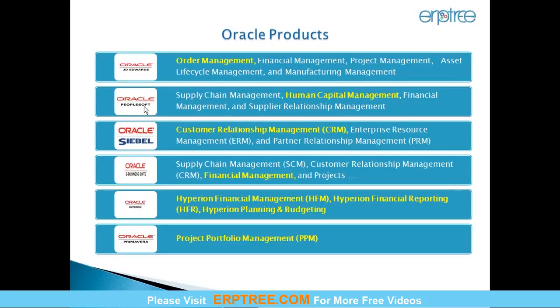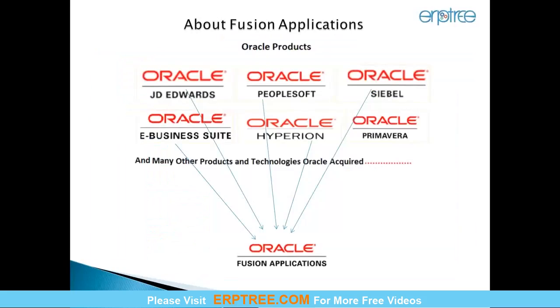From PeopleSoft, Oracle took human capital management, and from Siebel they took the CRM solution, and from Oracle EBS they took financial management, and from Hyperion they took all these solutions, and from Primavera they took project portfolio management.